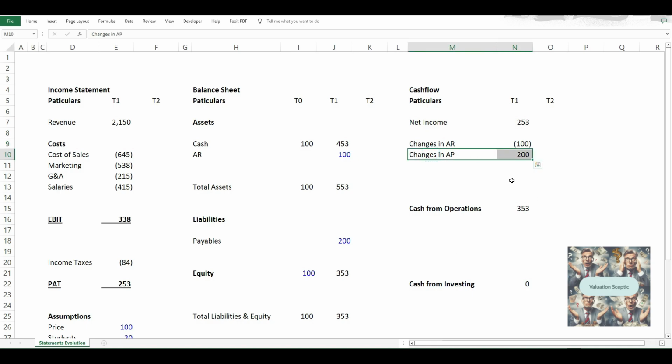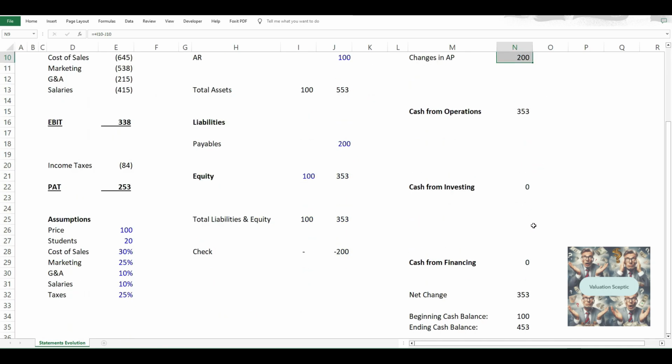Our accounts payable in cash flow is added back. Overall, our cash from operations is 353. Please note there is an additional impact because of payables. It was 303 and now it is 353, an increase net because of the plus and minus sign.